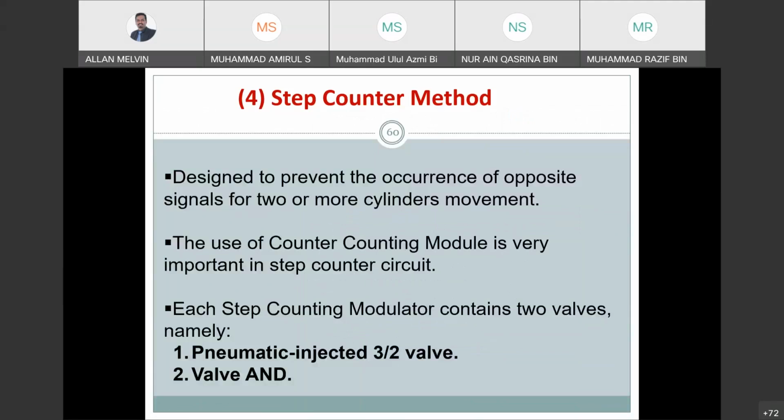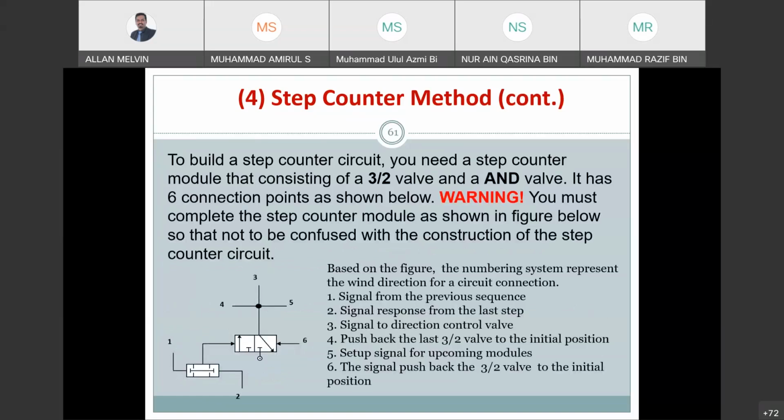Sir, I have a question. This is similar to your question in the open-ended question about my opinion, of whether the 3/2 way valve can be replaced with a 5/2 way valve. So I don't really understand the function of the 3/2 way valve in the step counter, sir.